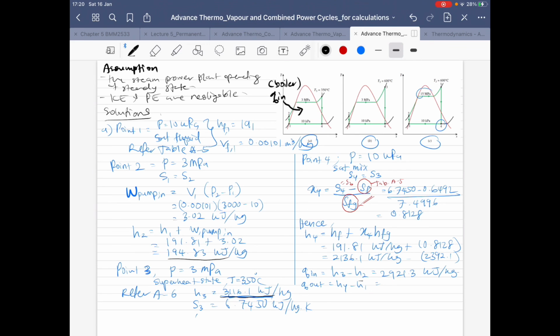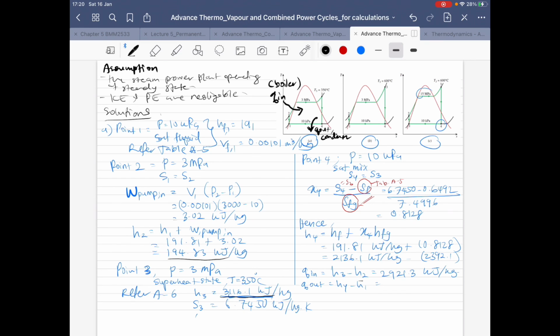And then yang Q out ni kat mana? Kat sini Q out. Q out siapa punya kerja? Condenser. Dia keluarkan temperature daripada working fluid tu, daripada steam, so that dia jadi water yang clear, water with low temperature. So Q in dan Q out kita nak calculate lah.